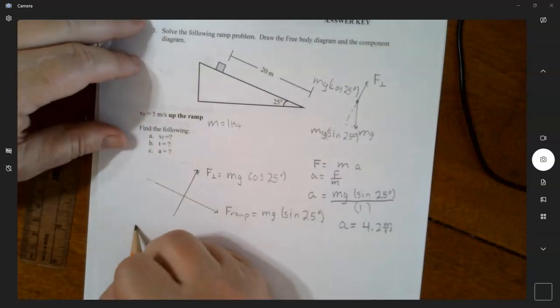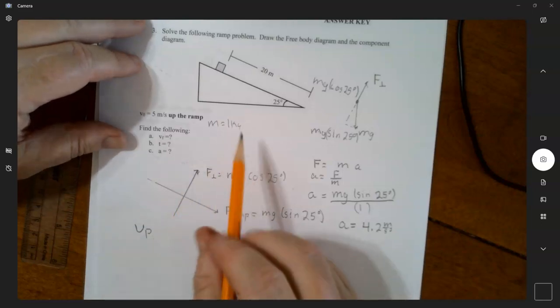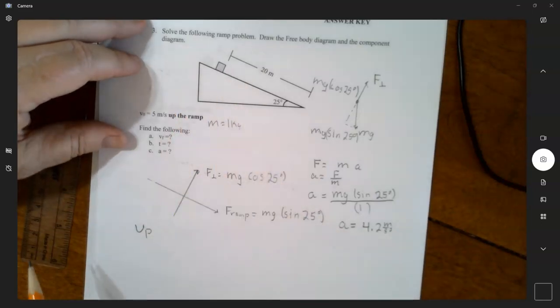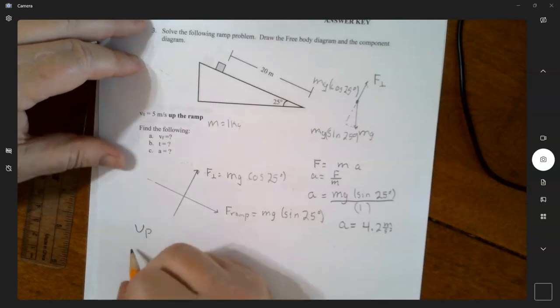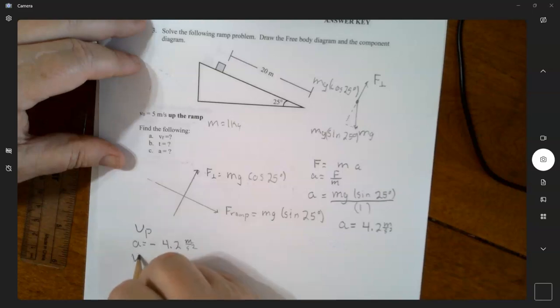So we're going to have the up part of the problem, and that is where the block starts off, and we're going to push it up the ramp at 5 meters per second. So let's write down what we have. Acceleration, if we're pushing it up, then the acceleration is going to be negative because gravity is pulling it down. So we're going to call that negative 4.2. The initial velocity is 5 meters per second.